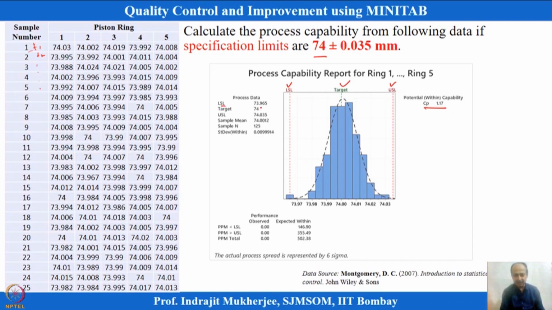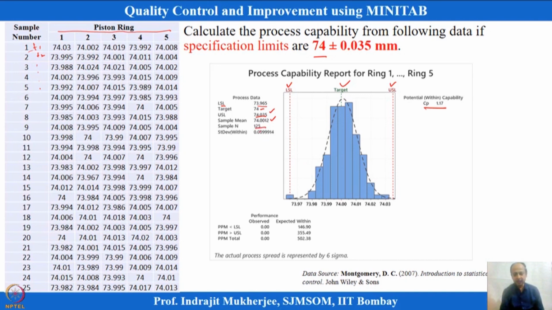LSL is 73.965 and USL is 74.035. You have to enter these in MINITAB, and 74 we have mentioned as the target. The sample mean is from this total observation what you are seeing over here, 1 to 5 and 25 observations. So, 125 observations. The overall mean, x double bar, is 74.0012.